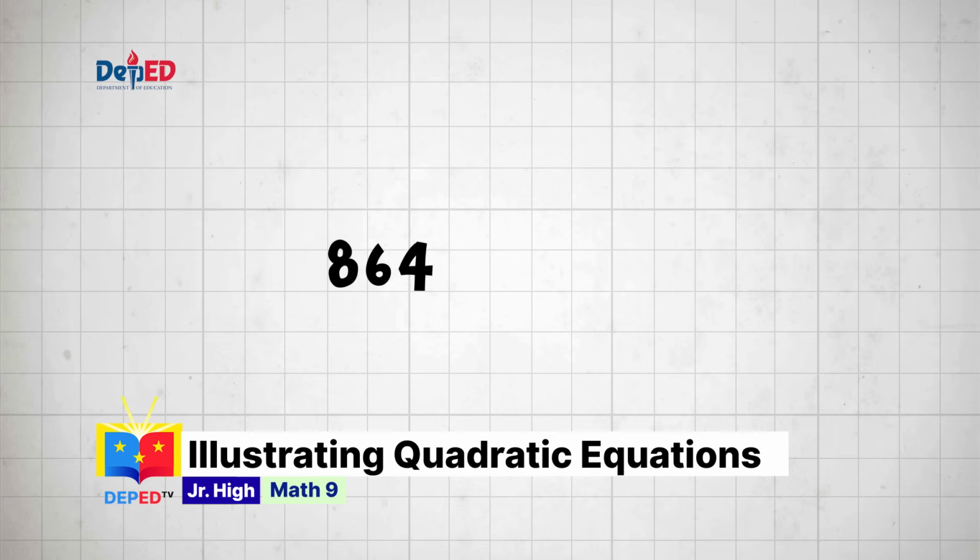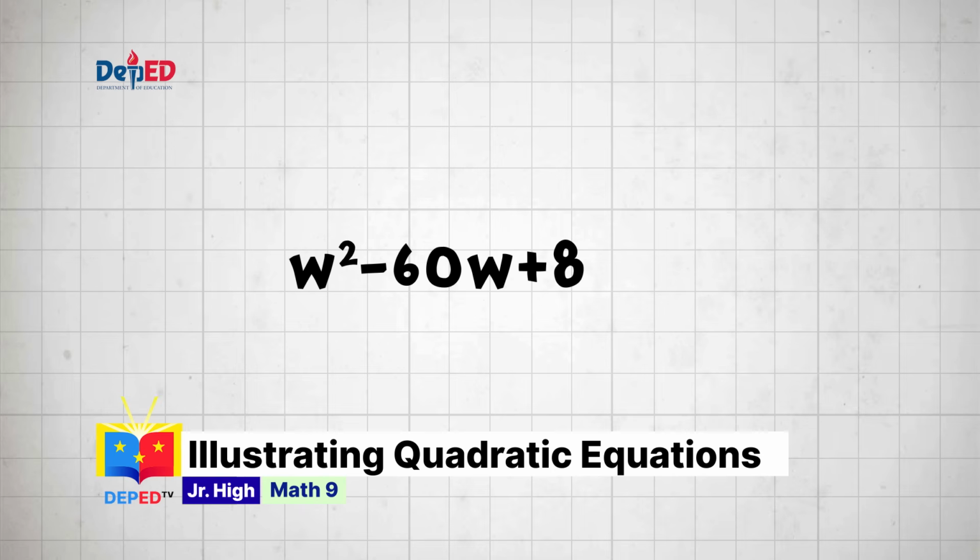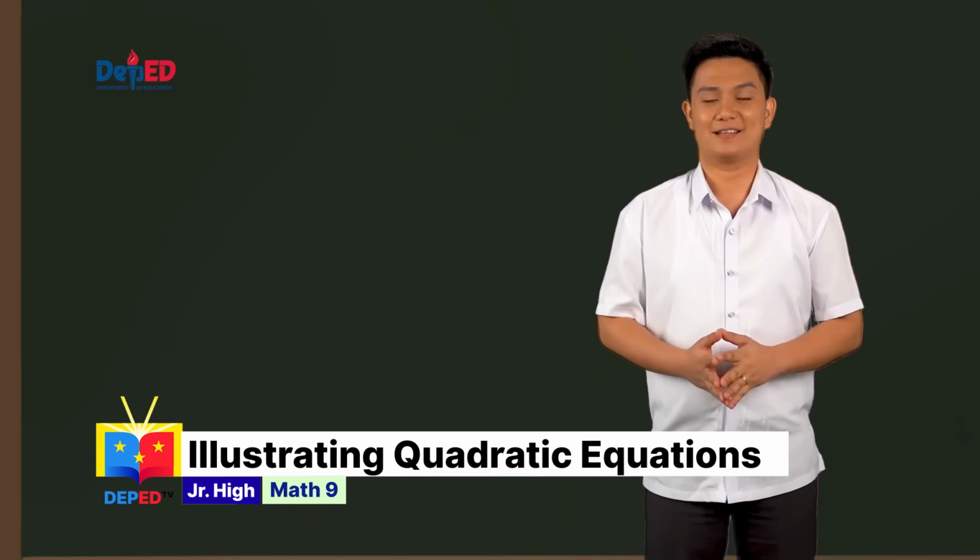So we have 864 equals 60W minus W squared. So clearly, the equation is quadratic. Therefore, the situation illustrates a quadratic equation. In standard form, it can be written as W squared minus 60W plus 864 equals 0.